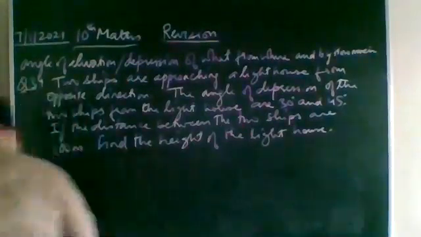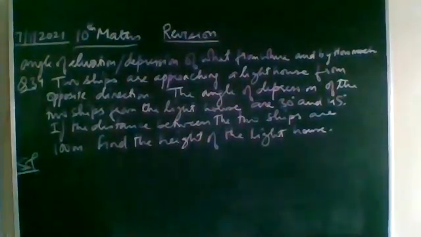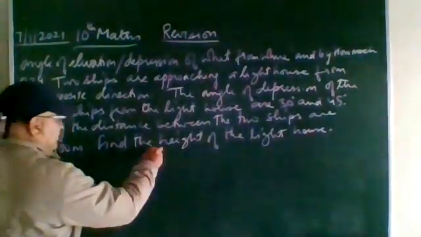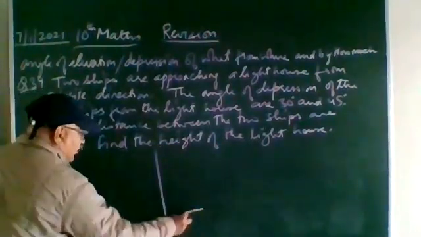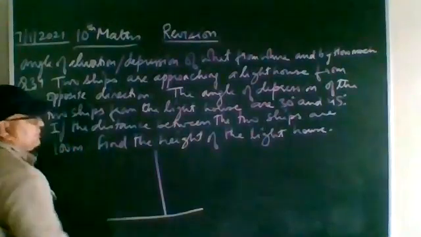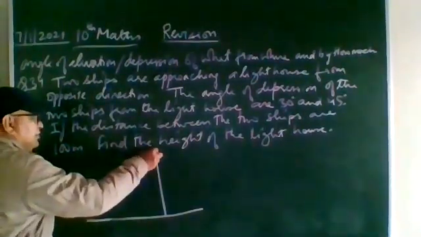Now this question is asked in the exam. Two ships are approaching a lighthouse from opposite direction. The angle of depression of the two ships, this is the lighthouse. Now, two ships, one is 30 degree, the angle of depression.